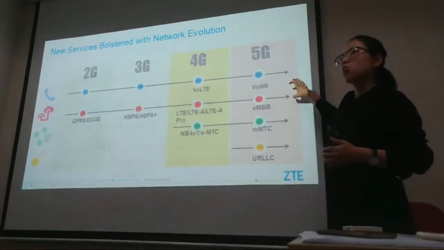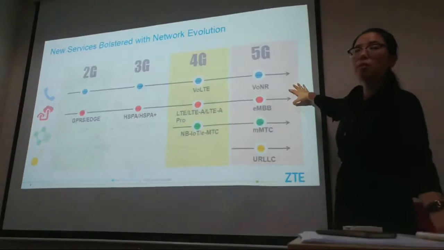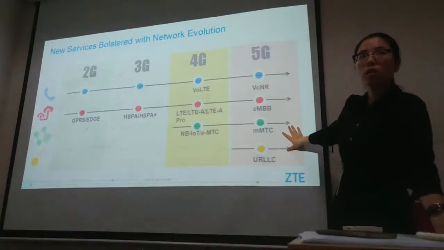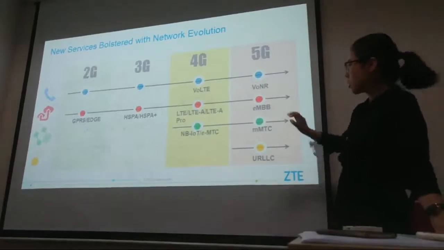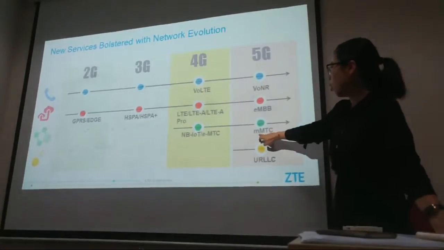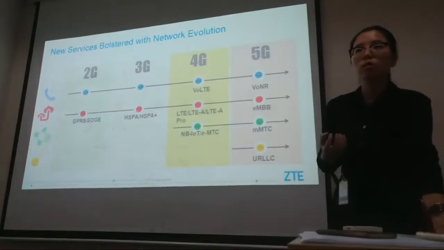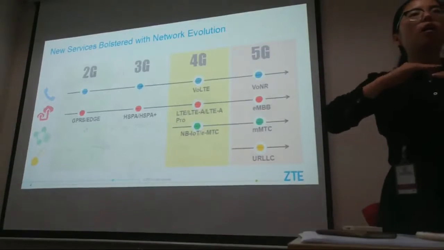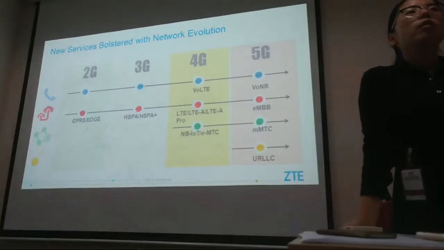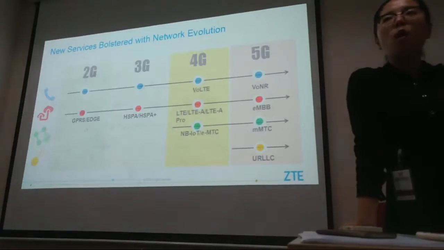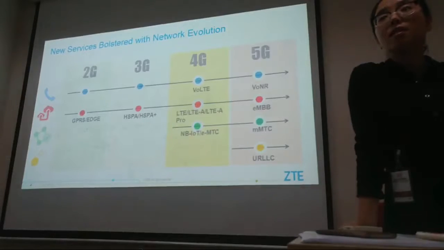And except these two traditional ones, we add the new connection type. For this connection, we use mMTC, machine type communication. The first M is massive, so the connections will explode beyond the number of humans. Now in 4G, almost one human keeps one or two connections.